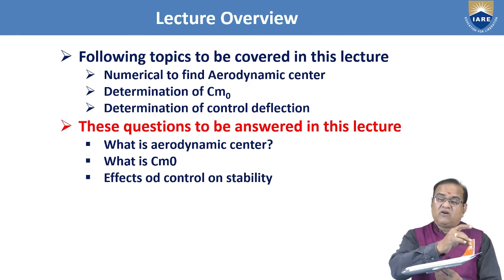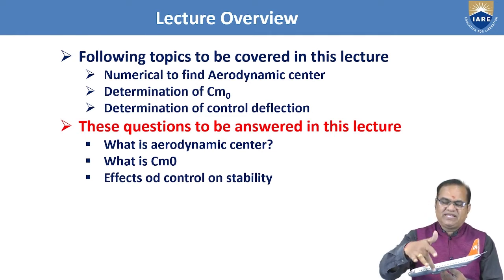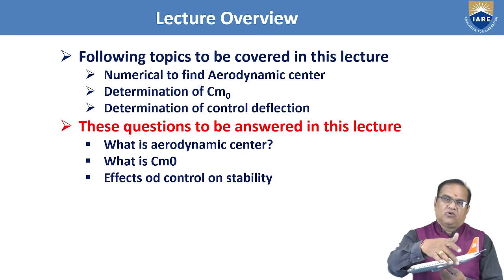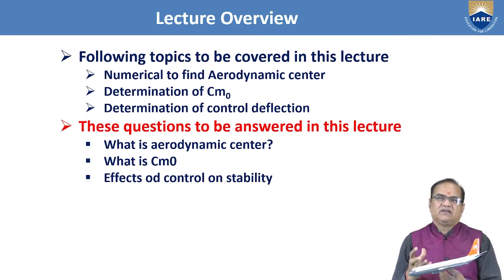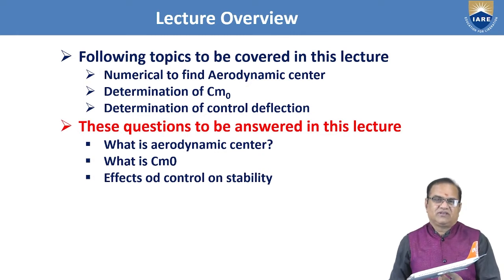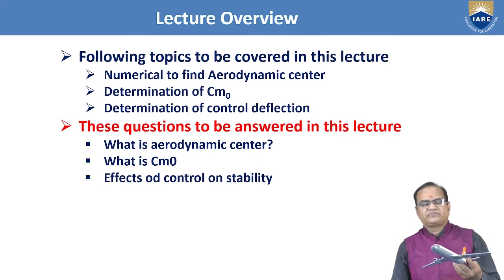For yawing stability it is not necessary to have a vertical fin. With the help of sweep, we can alter the yawing stability or directional stability. We can change that. So these things we have already covered.